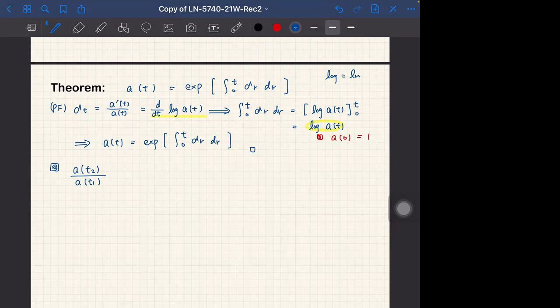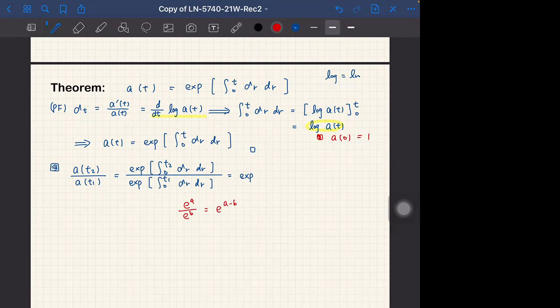By the theorem, this is the exponential of the integral from 0 to t2 of delta r dr, and the denominator is the exponential of the integral from 0 to t1 of delta r dr. This is a ratio of exponential functions, and in general the exponential of a over the exponential of b is the exponential of a minus b.